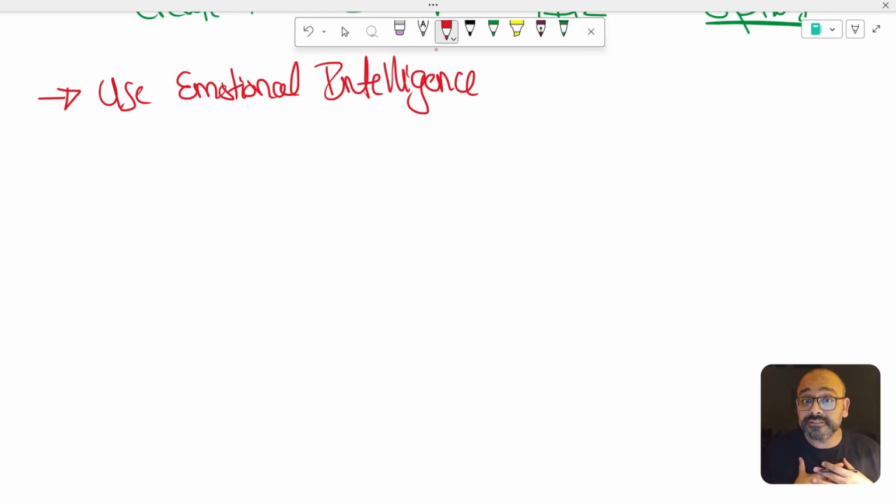All these are feelings. So if you know what is happening within you, only then can you understand the feeling that is going on in front of you. So emotional intelligence is one of the skills that must be learned. Okay, so it means basically understanding the emotions around you and acting accordingly.